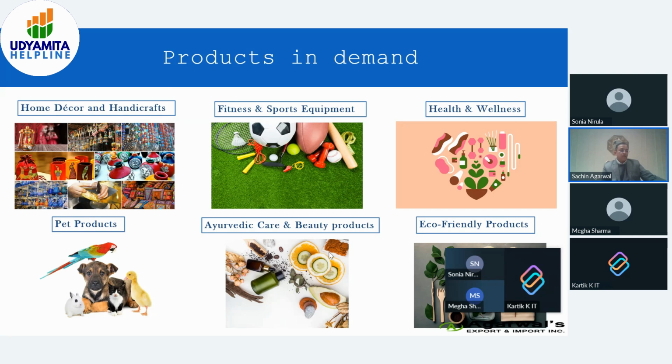Then come the Ayurvedic supplements, Chyawanprash, as you must have all heard, herbal oils, and detox products. Anti-aging products are also big now: anti-aging creams, facial oils, eye creams. Then Ayurveda beauty oils and beauty tools, which include Gua Sha and jade rollers. Raise your hand, how many of you know of Gua Sha and jade rollers?